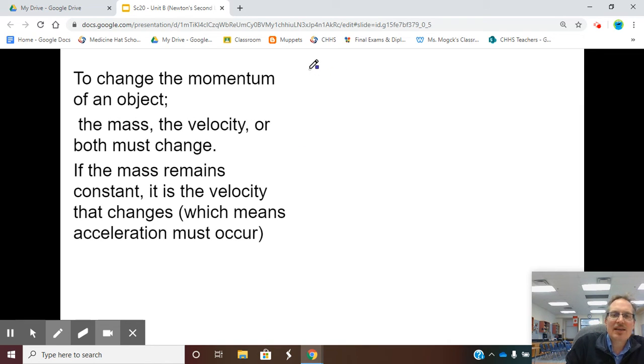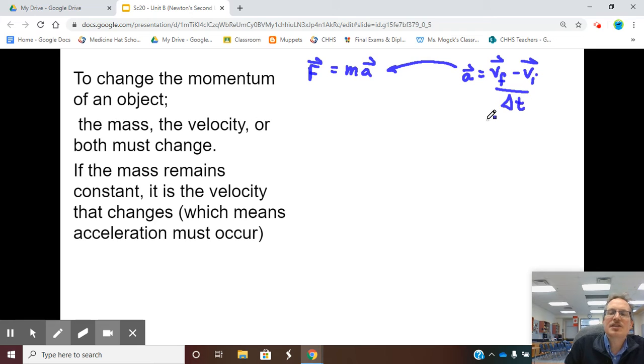So when I think about doing this, I have force equals mass times acceleration. Now, I want to remind us that in previous lessons, we've seen that acceleration is actually VF minus VI divided by change in time.